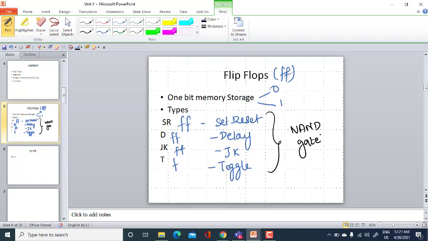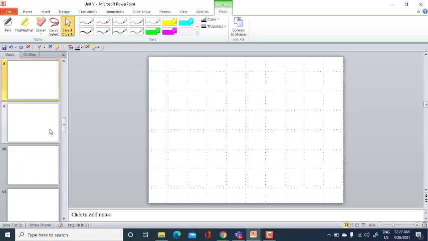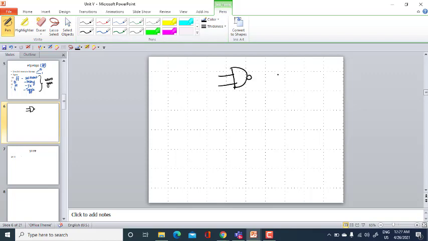And you know what is a NAND gate. In the NAND gate, when any one of the input is 0, your output will be 1. That is your NAND gate truth table.